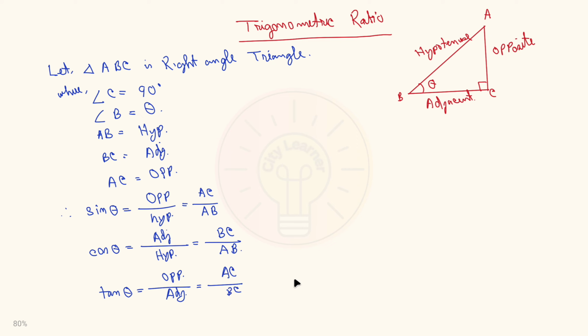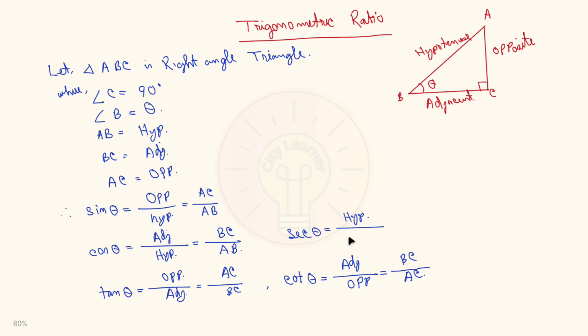Now we have to find cot theta. Cot theta is equal to adjacent side by opposite side, therefore BC by AC. Now sec theta. Sec theta is equal to hypotenuse by adjacent side.